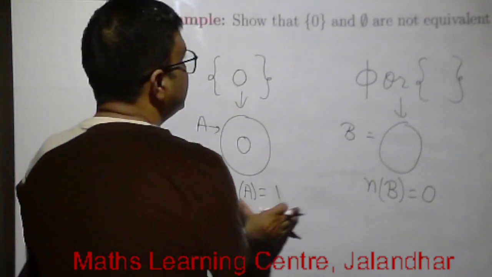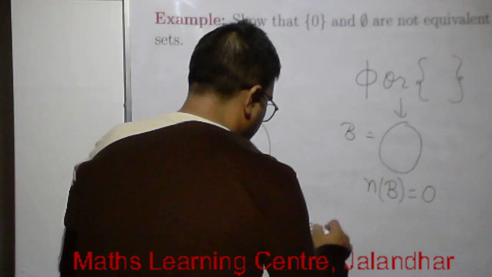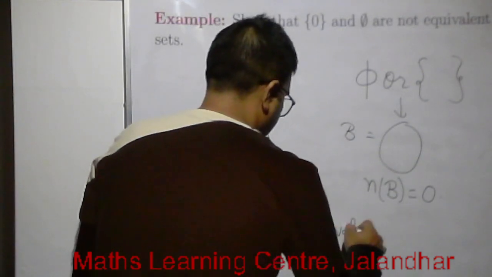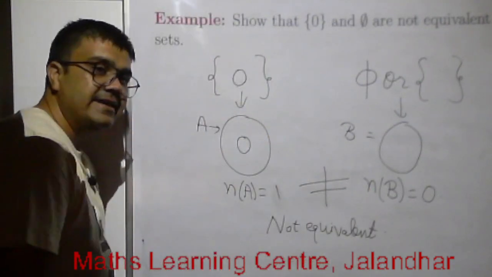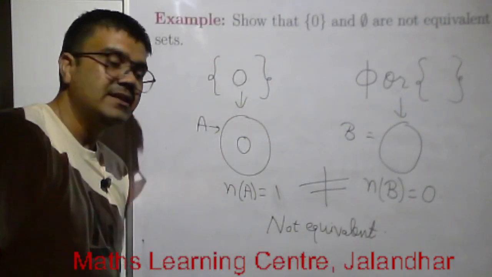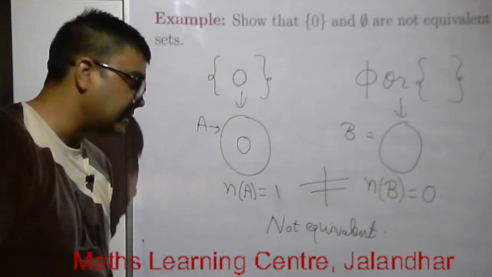So both these sets are not equivalent, because the number of elements in A is not equal to the number of elements in B. So these two sets are not equivalent sets.